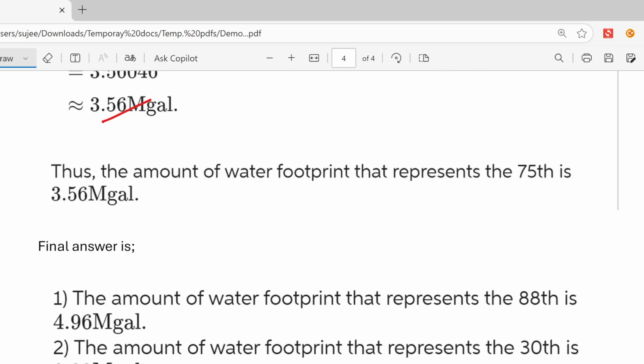Thus the water footprint that represents the 75th percentile is 3.56 megagallon.